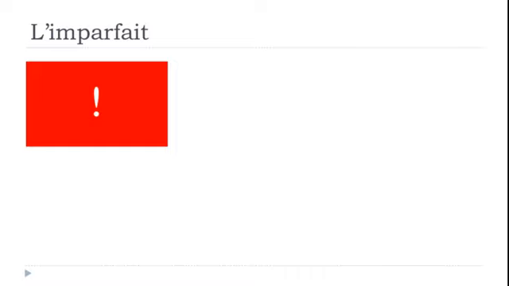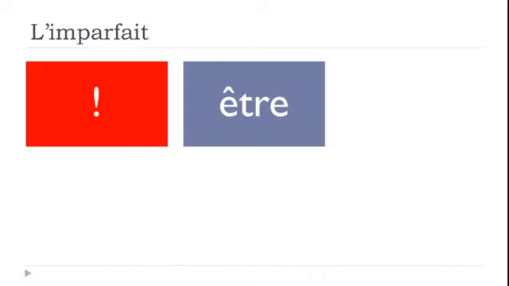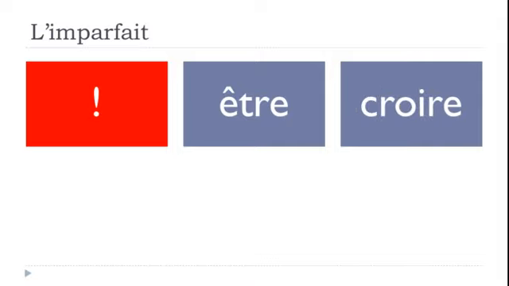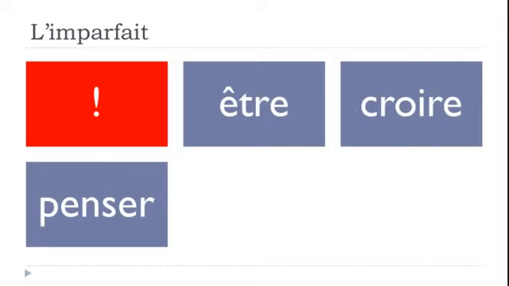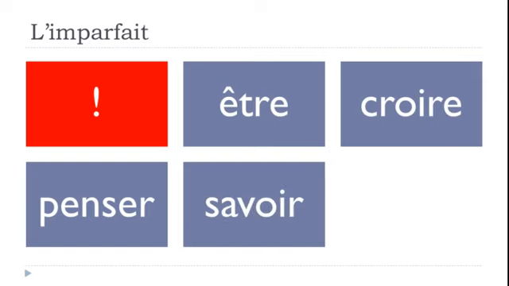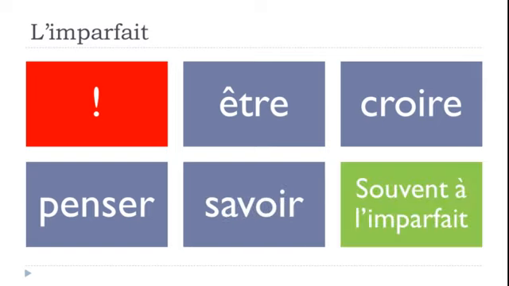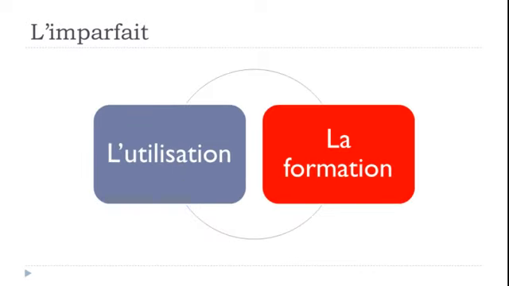And then one thing that you should keep in mind is that être, to be, croire, to believe, penser, to think, savoir, to know, are often, and it's quite important, souvent, often, so it's not always, okay, because it's not possible to say always, especially if you're talking about French grammar, okay, but often you use them at l'imparfait form, okay. Now let's see how to construct this imparfait, okay.